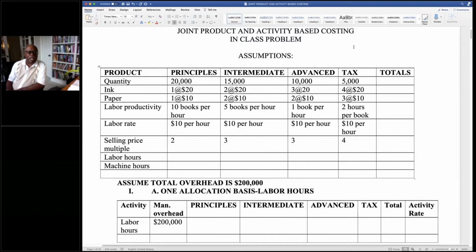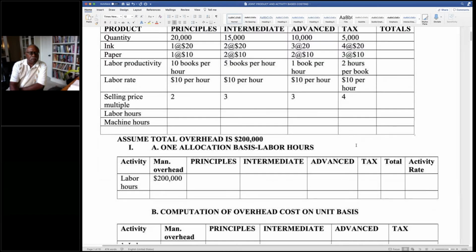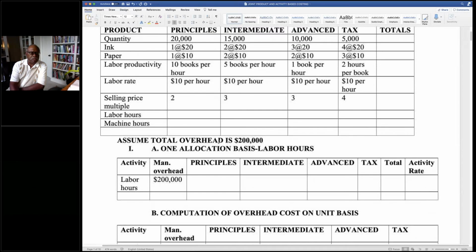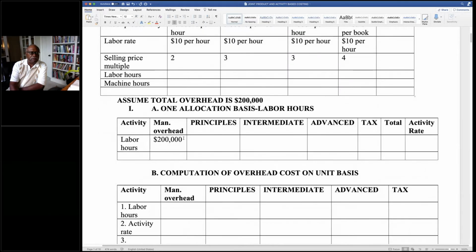So today, for however long it takes you all, because you won't get any points until this is done, you've got to go through and fill this joint product and activity-based costing problem out. These are the assumptions of what we're making: ink, paper, labor rate, selling price, labor hours, machine hours, and the overhead that's given.